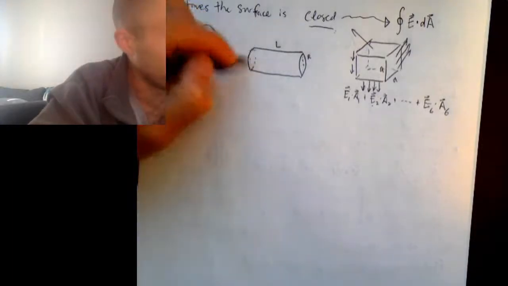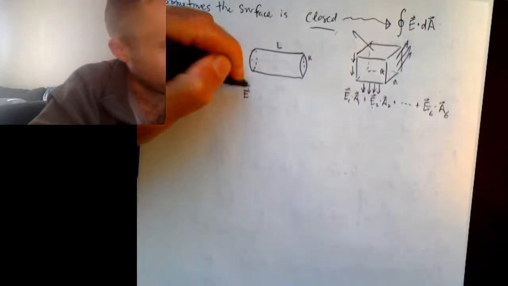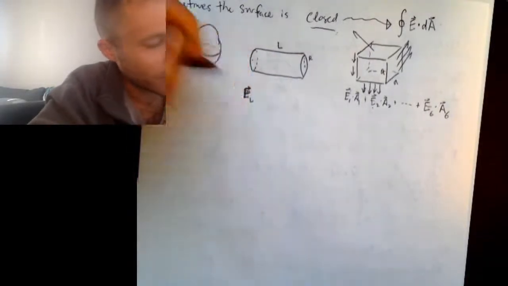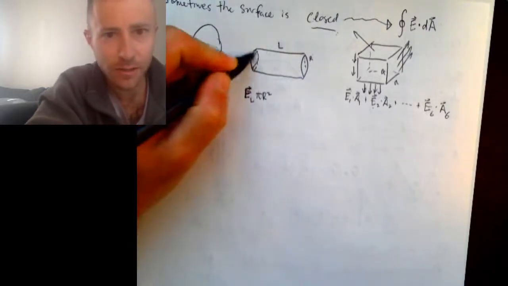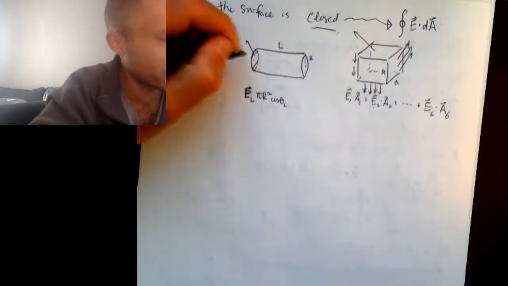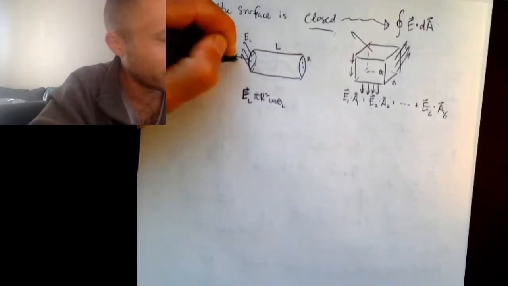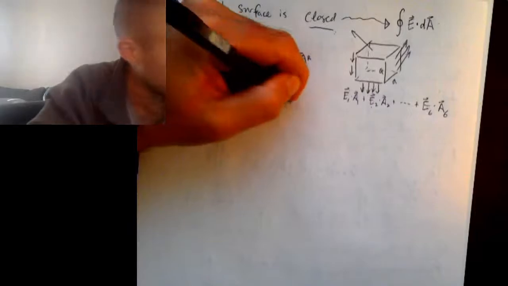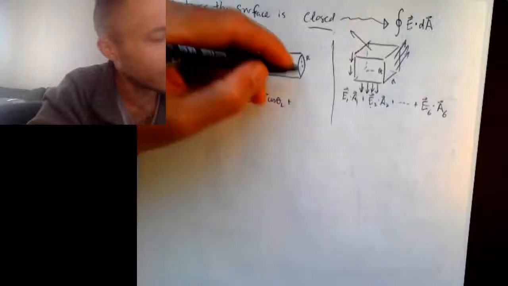And so if you wanted to calculate the flux through a cylinder, you would have E, the electric field on the left end, times pi r squared, because that would be the area of this left end, times cosine of theta on the left end. So maybe the electric field makes a certain angle with the left end's area, plus the flux through the right side.